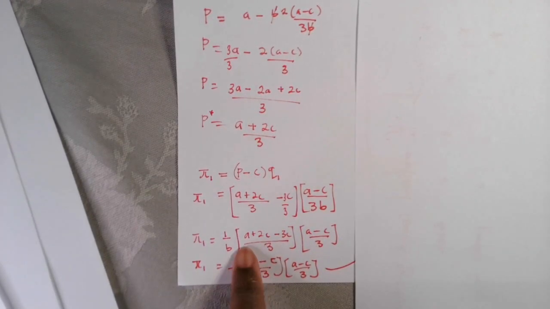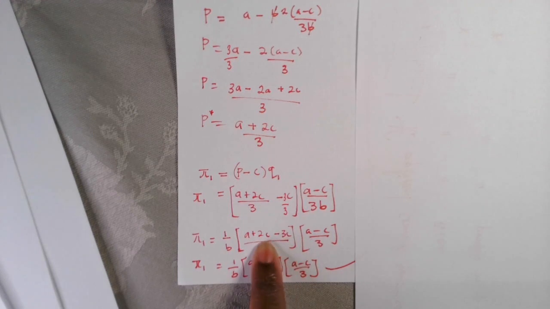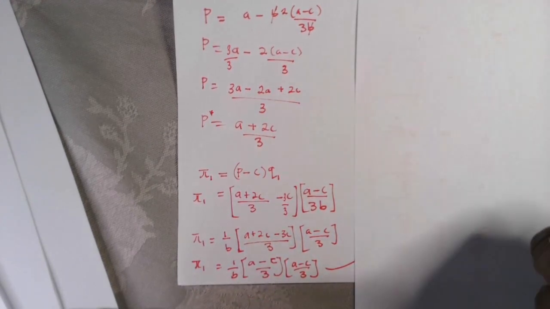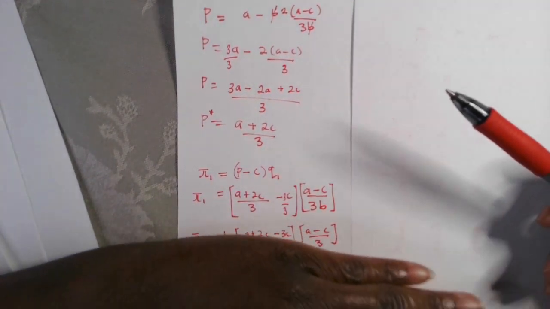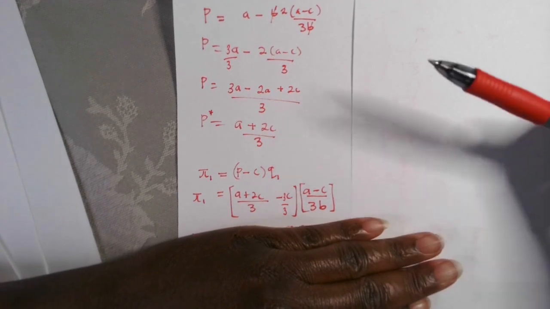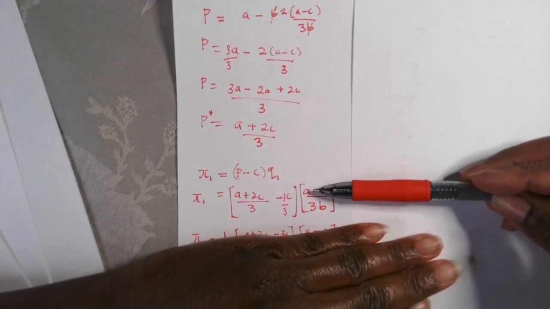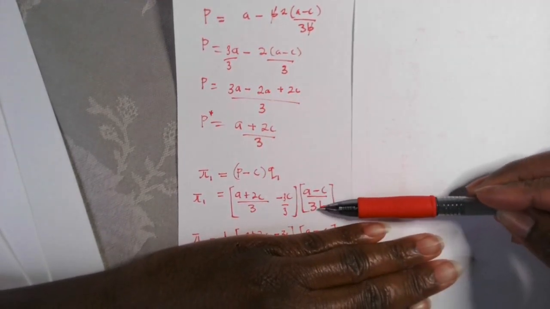Okay, so I can pull these together and subtract 3c from 2c to get a minus c. Now, a way to make this look neat: take a look at this. This is all of this times a minus c over 3b.